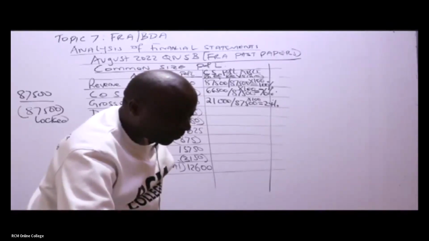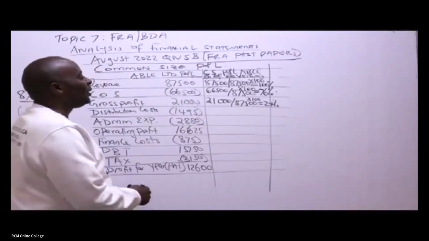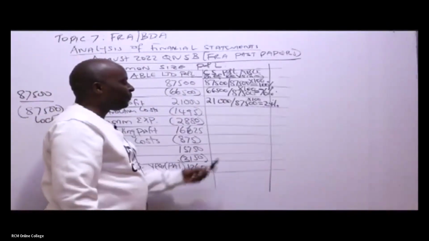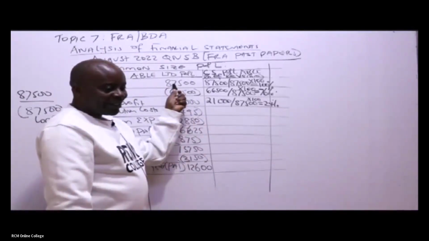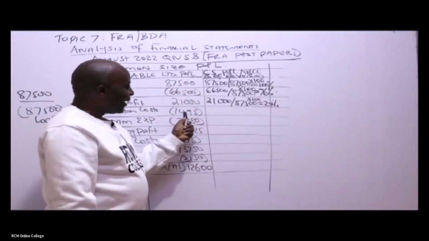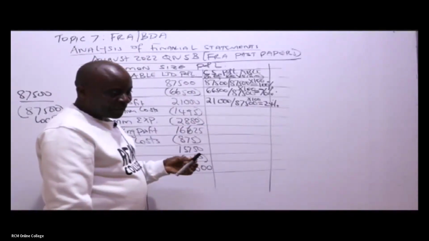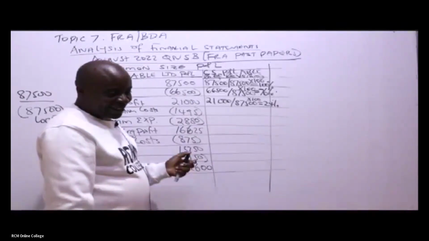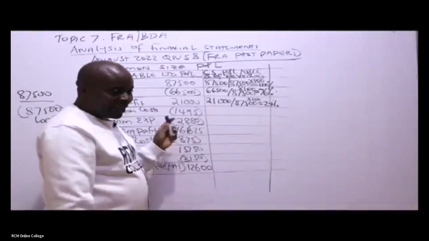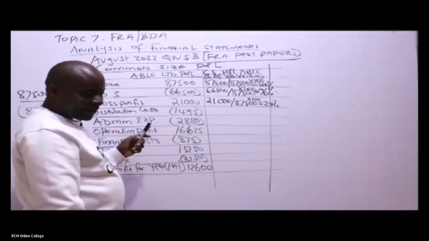Now, ladies and gentlemen, for the sake of my FRA students, are you able to give me these percentages downwards very fast? This will be 1495 divided by 87,500. Remember, you're dividing everything by 87,500.